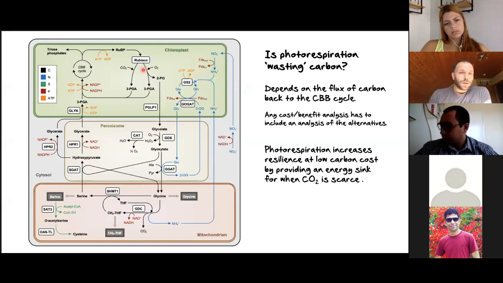It just switches to a different pathway. And then when stomata open again, it can switch back to fixing CO2 right away without having to adjust any metabolism. So it's a way to make the plant more resilient, I think, and provide an extra energy sink for the plant under a stressful situation.